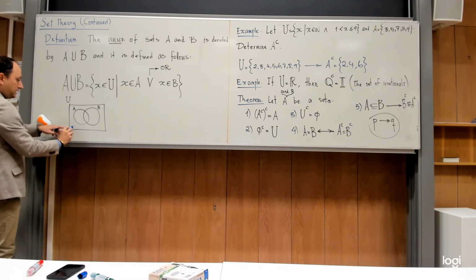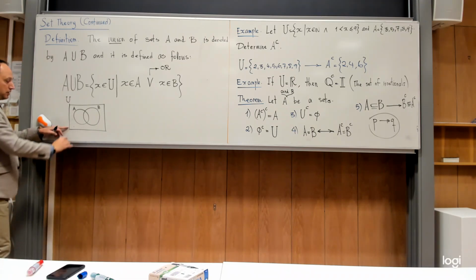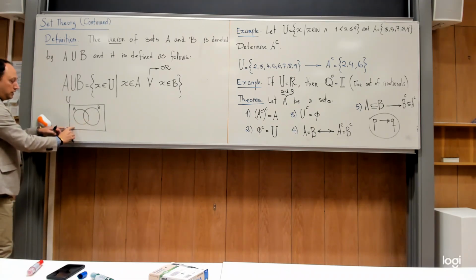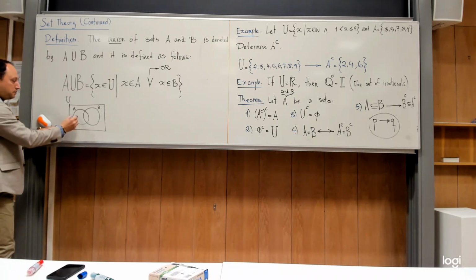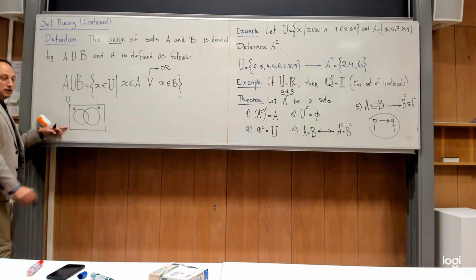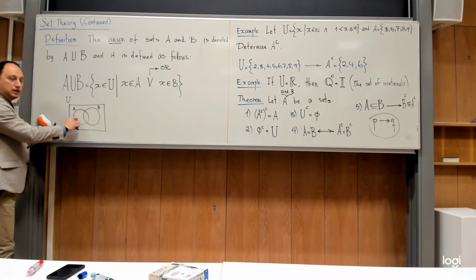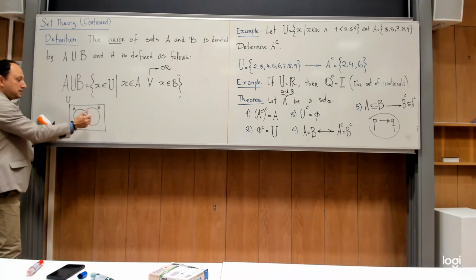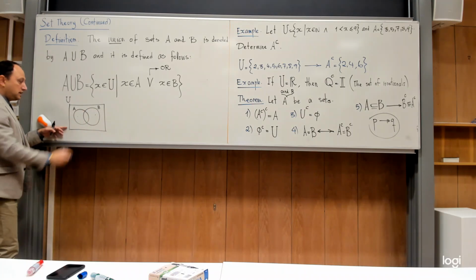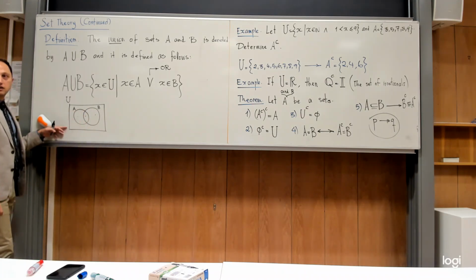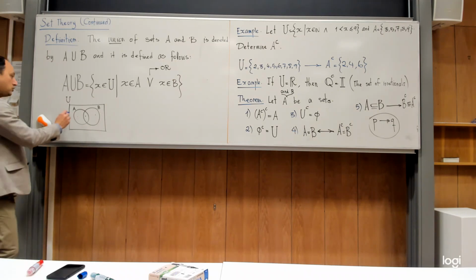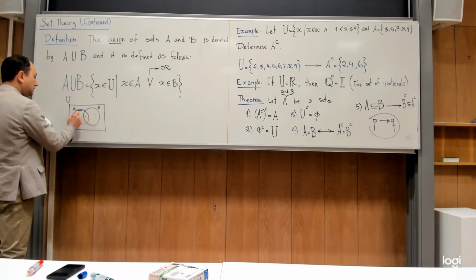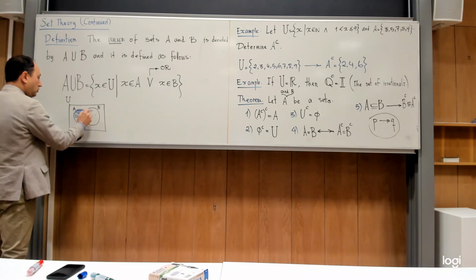So for example, this point is not acceptable because it is neither in A nor B, so ignore that. Is this point acceptable? Yes, because it is only in A, it is not in B, but because I have or, that is acceptable. Is this point acceptable? Yes. Is this point acceptable? Yes, because this belongs to both of them. So it means that if I want to color that part, I need to consider all these parts.